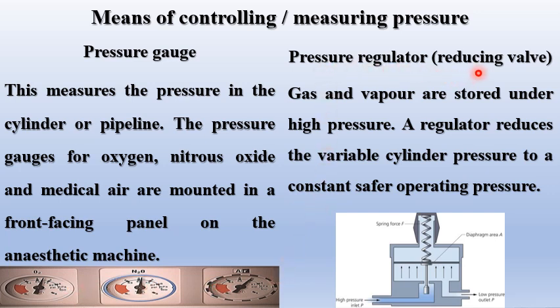For pressure regulation, we have the pressure regulator or pressure reducing valve. Gas and vapor are stored under high pressure. A regulator reduces the variable cylinder pressure to a constant, safer operating pressure. Otherwise, the high pressure coming from the cylinder can cause machine destruction.